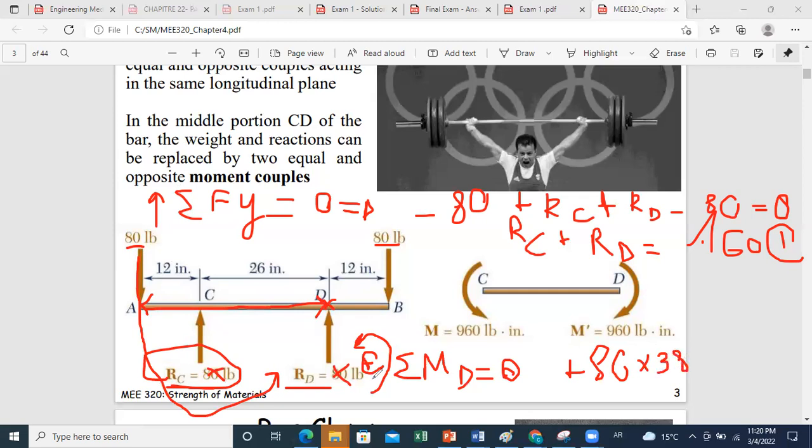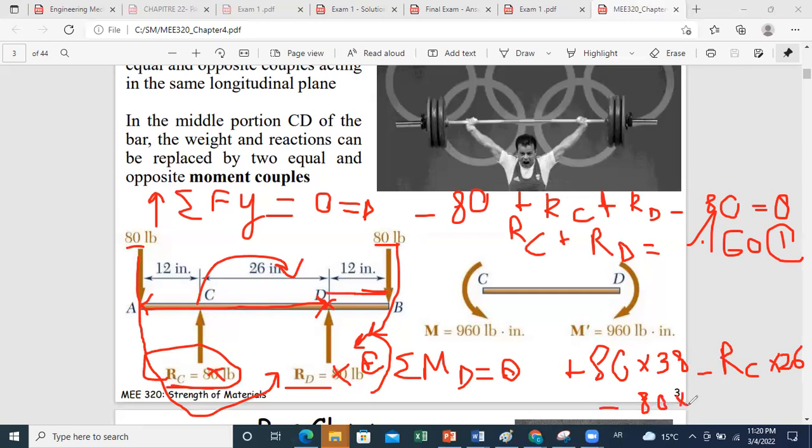Now, RC is producing a clockwise moment about D, so I just have to do minus RC times 26. And finally, the load at B is also producing a clockwise moment, so it's minus 80 times 12, because the distance from that load to D is 12 inches.